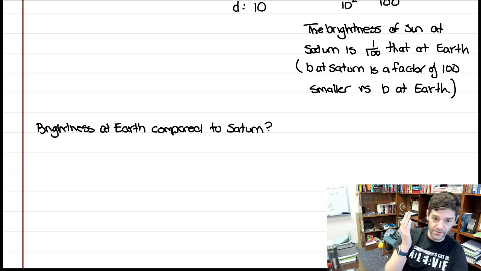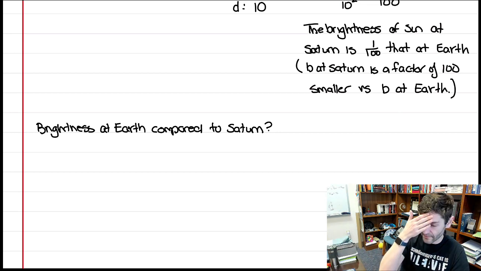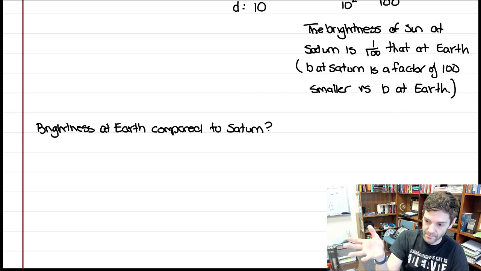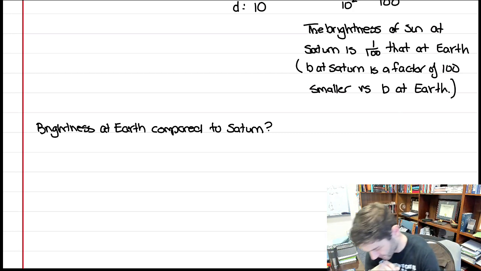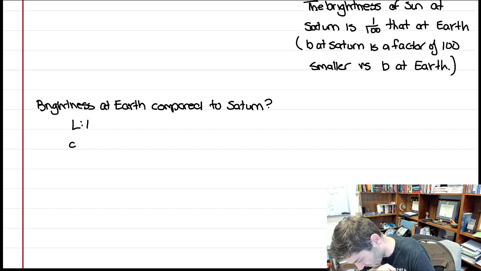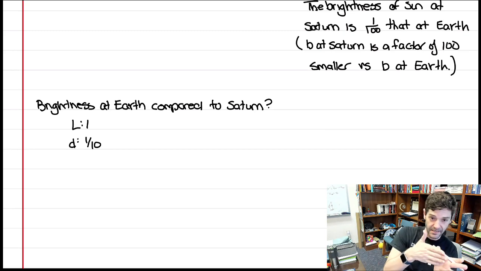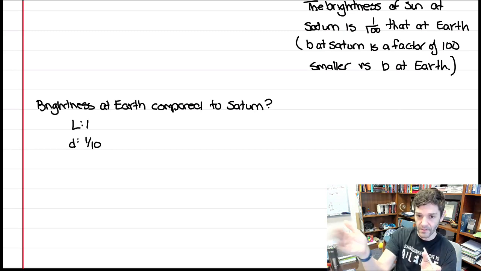So in a sense, we're starting at Saturn and then comparing that to what we get at Earth. Now at Earth, is it a factor of 100 brighter than it is at Saturn? A factor of 10 brighter? What have you. Again, the luminosity is not changing, but then I would say the D is 1/10 in that case. I go from 10 AU to 1 AU. That's a factor of 1/10.